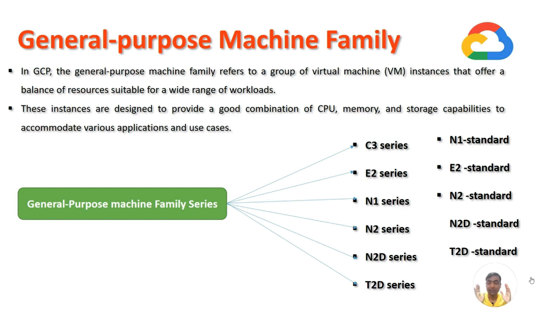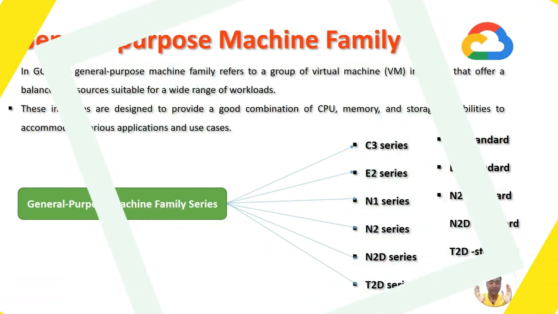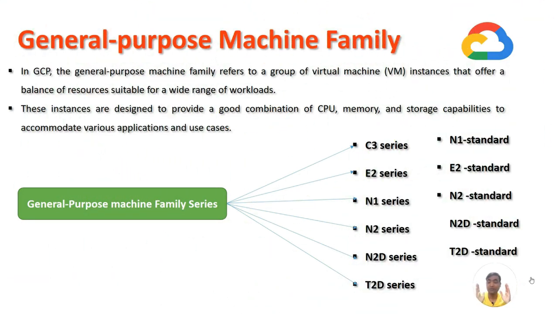The general purpose machine family in GCP includes several instance types such as N1 standard, N2 standard, E2 standard, and T2D standard. Each instance type within the general purpose machine family has different specifications and performance characteristics, allowing you to choose the one that best suits your requirement.